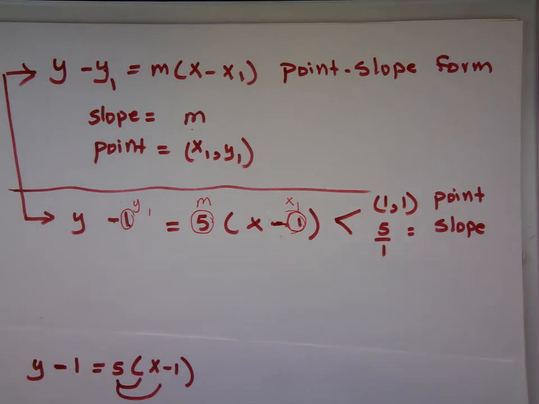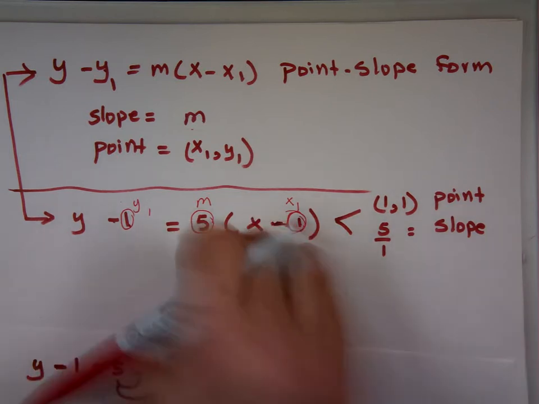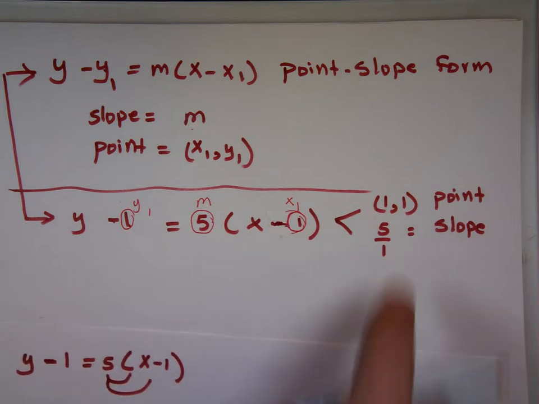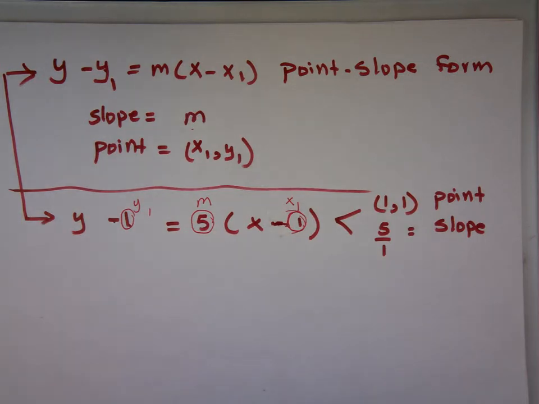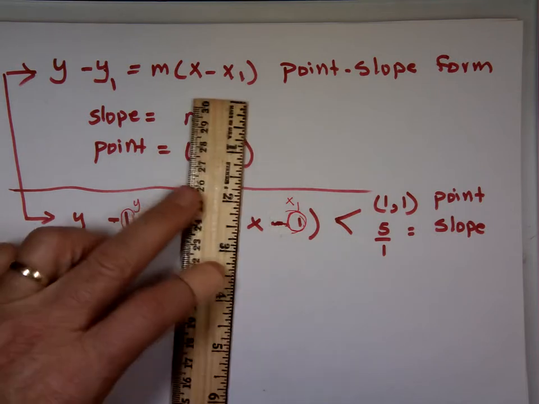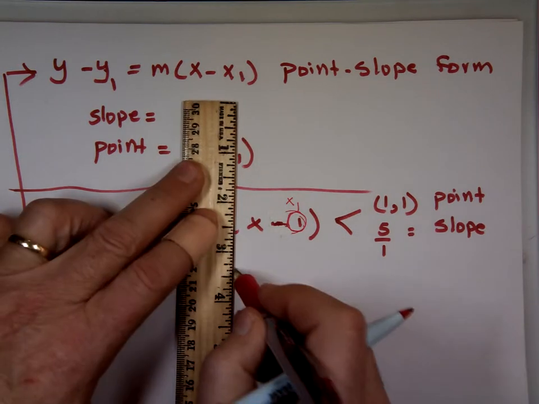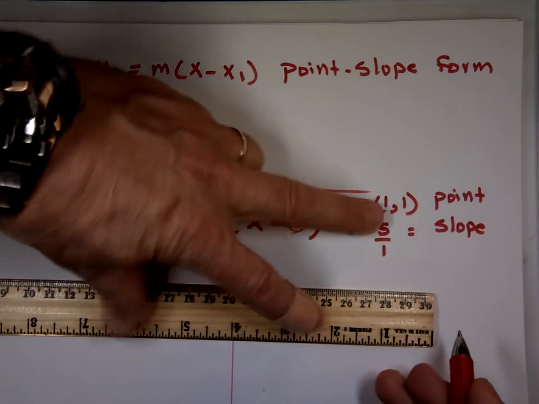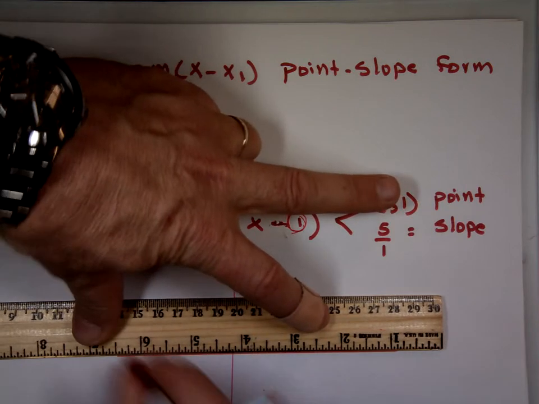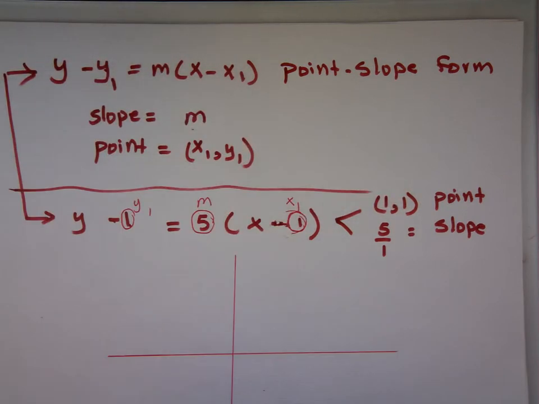The difference between this and that is it's not the y-intercept, you know one point. A point, any point. It's not where it intersects the y-axis. So when I graph that, I have a point.